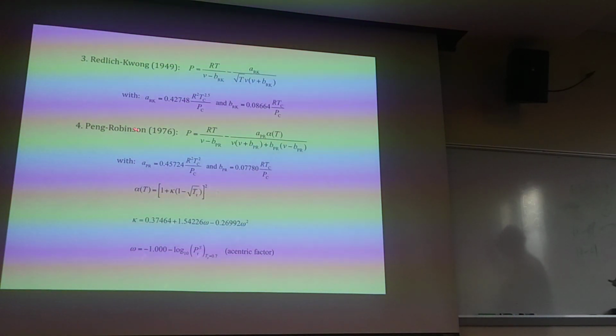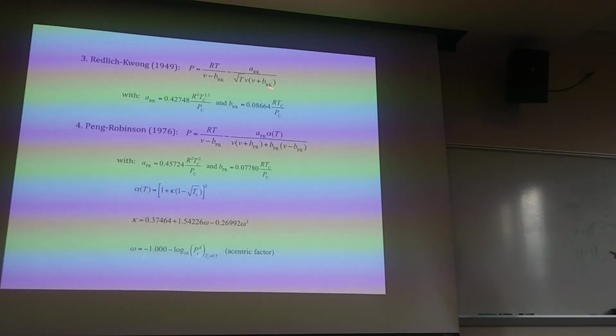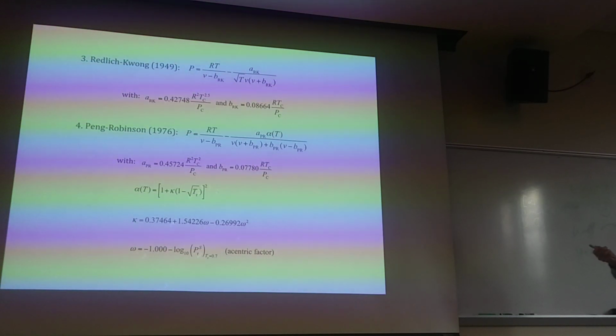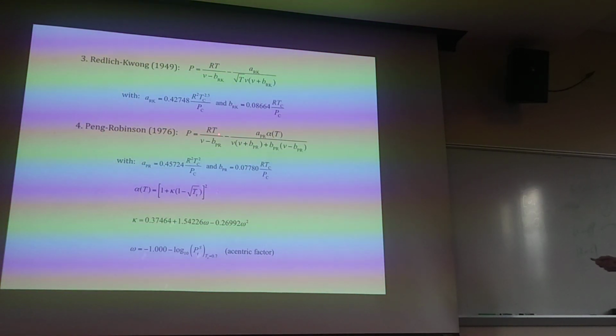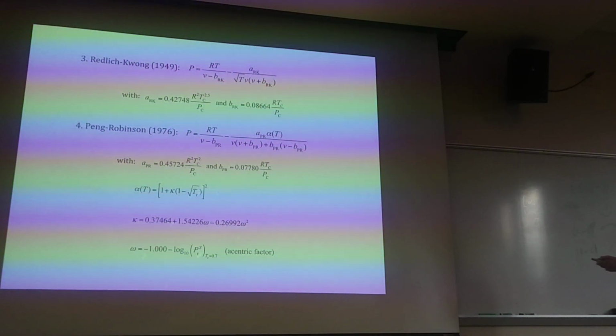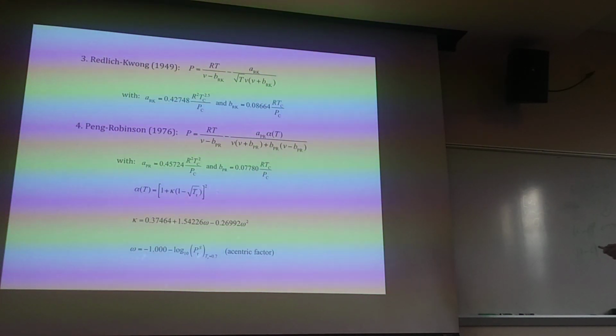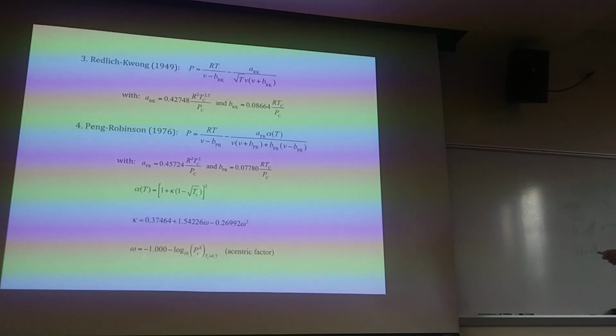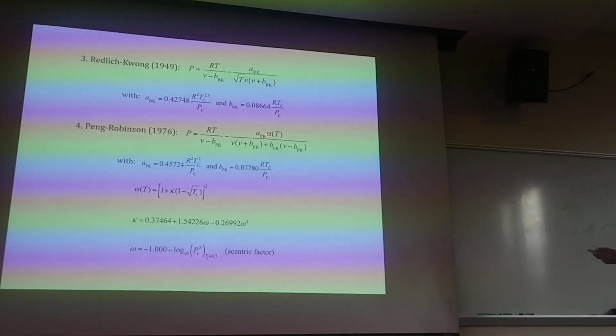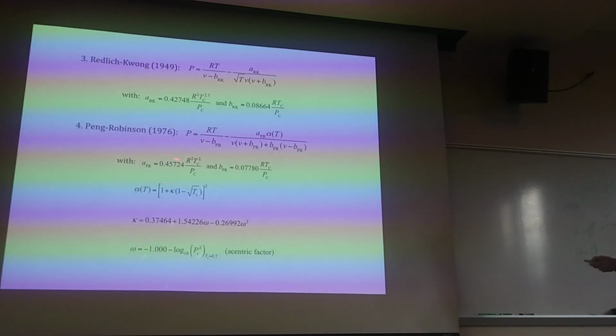So the Peng-Robinson equation has an architecture that looks pretty much like the Van der Waals and Redlich-Kwong equations. Here the first term is exactly the same structure. Second term a little bit more complicated. And this is the way the book lays it out, breaking it up into these terms. So here I've got alpha as a function of temperature.